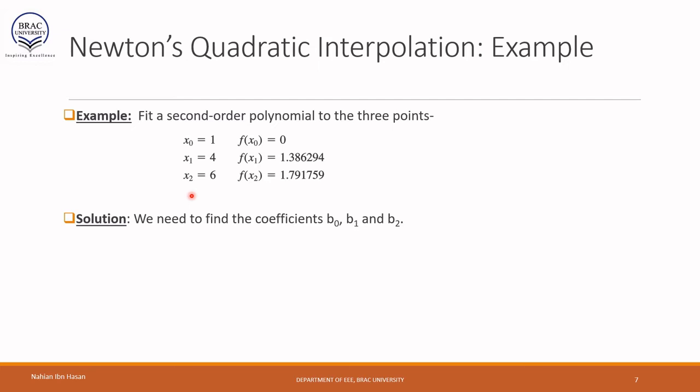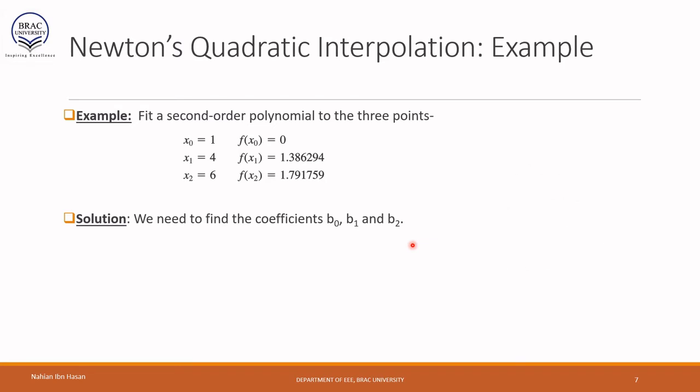If you remember, the general expression of a second order polynomial is b0 plus b1 into x minus x0 plus b2 into x minus x0 into x minus x1. So that was the main equation that we want to find out. But to get the equation, we need to find the values of b0, b1 and b2.